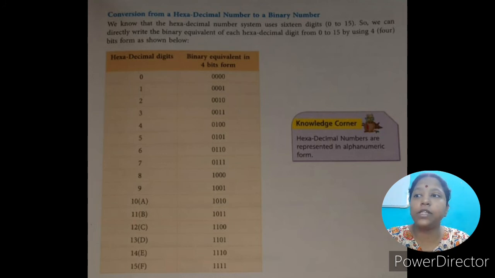So the base of this number system is 16.